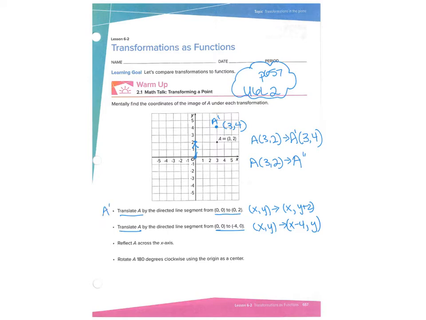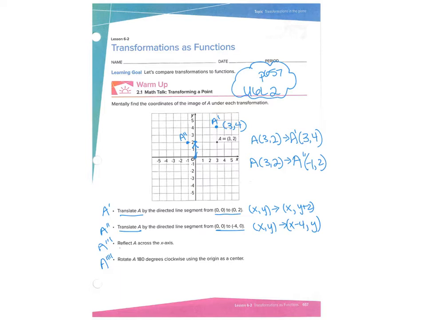This is my A prime. This will be A double prime on my graph, A triple prime, and A quadruple prime. So I'm going to take 4 away from my x coordinate, which actually would put me at negative 1, and not change my y coordinate at all. So this then would take my A to negative 1, 2. I would shift this way, just 4 to the left, and this would be my A double prime.